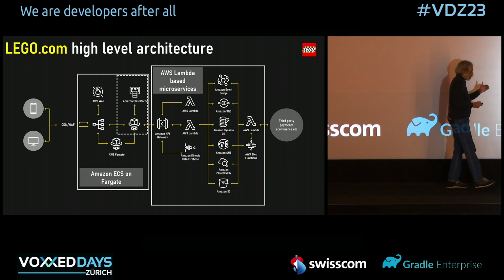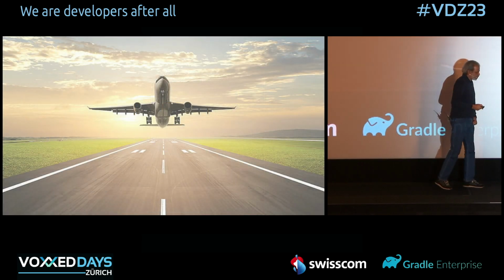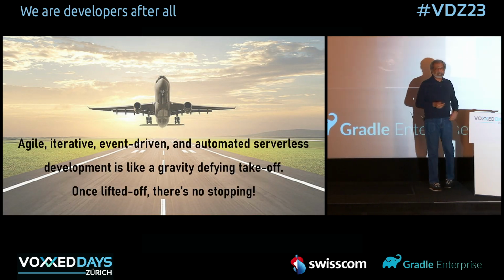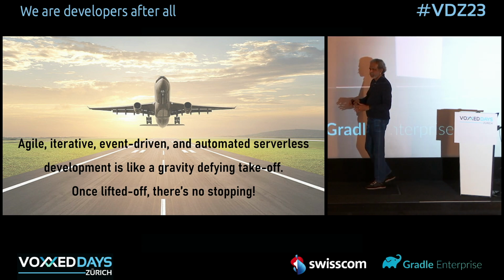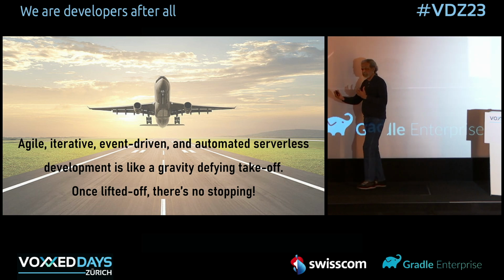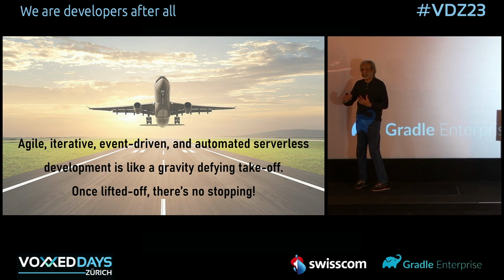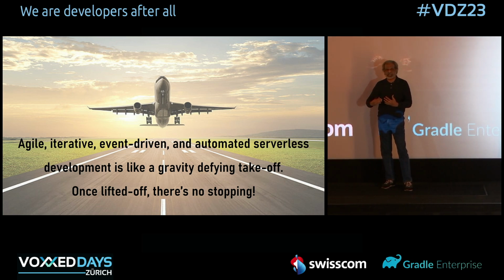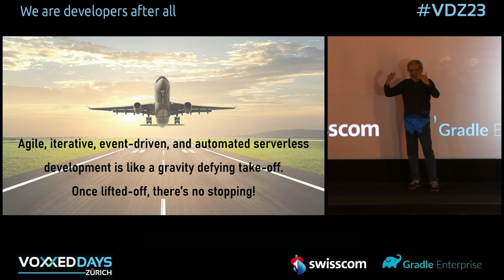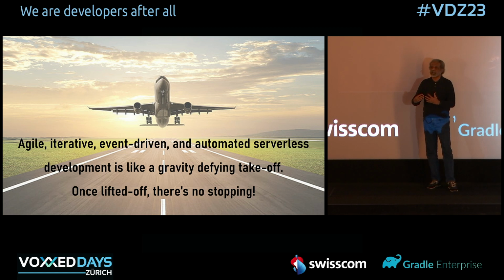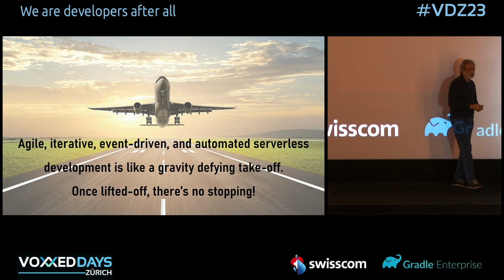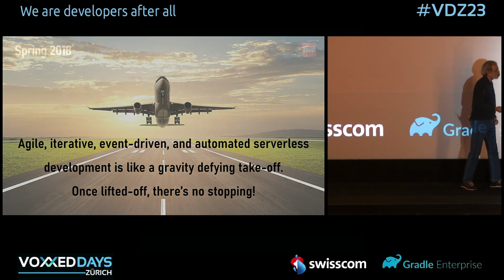As I always say, especially with serverless, it takes a while to get off the ground, because it's new technology, a new way of thinking and doing things. But the good thing is, once you're up and running, it really becomes easier to keep going with the knowledge gains and the velocity you will have with your team.